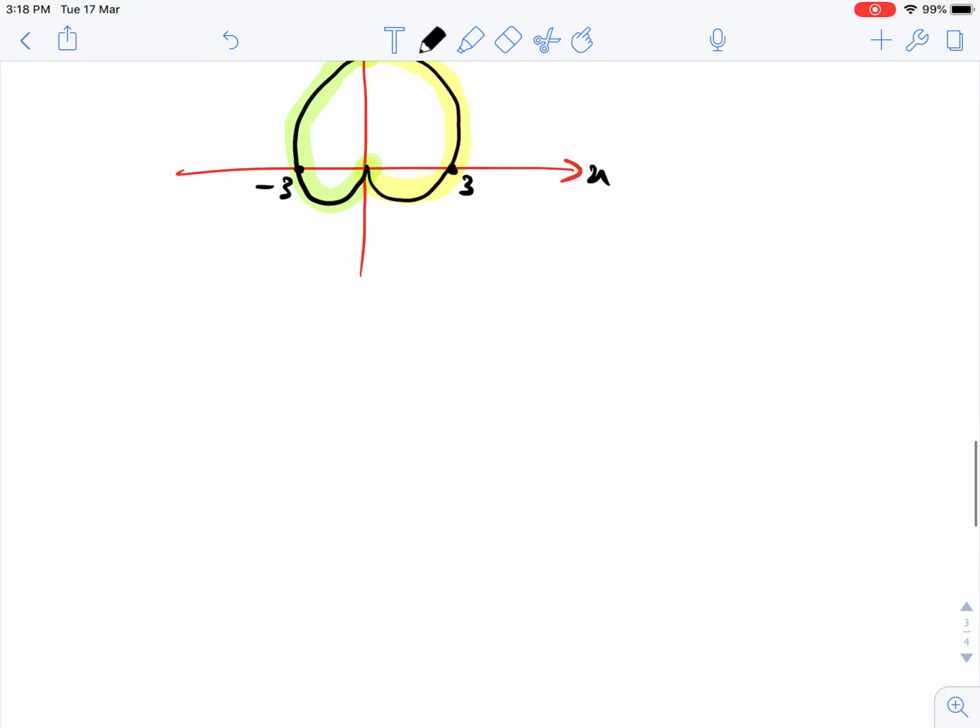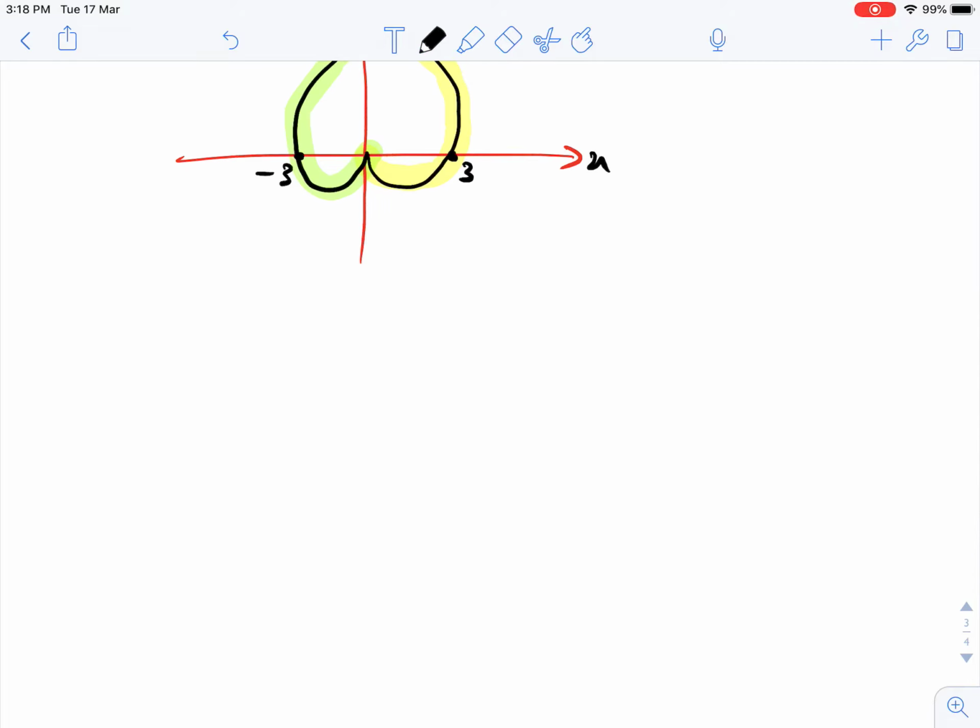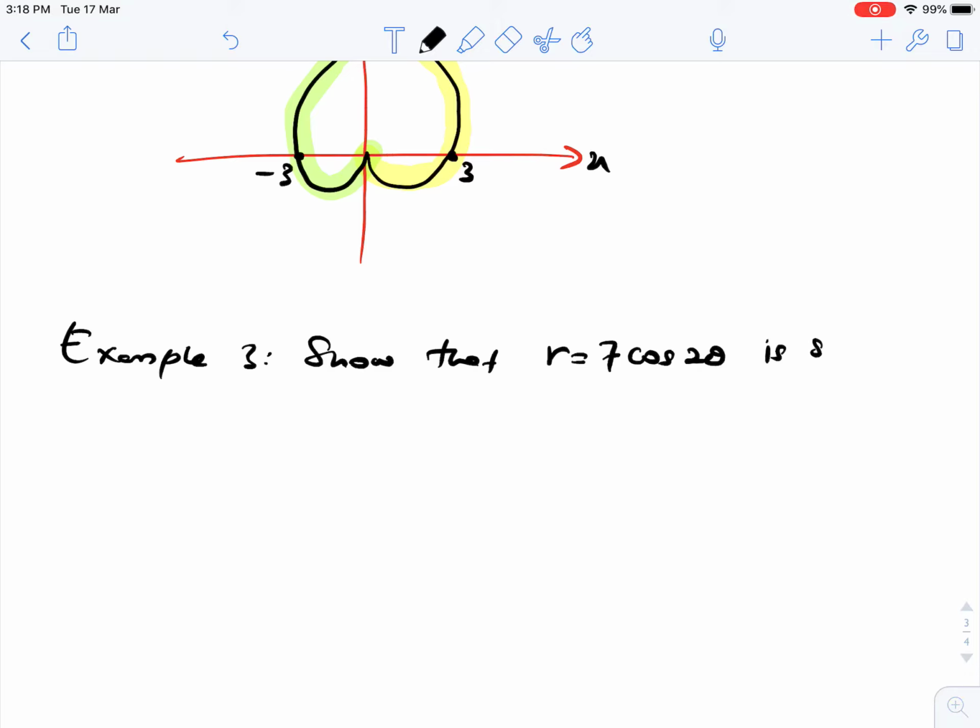All right, next, example number 3. Show that r equals, let's say, 7 cos 2 theta is symmetric about the pole.